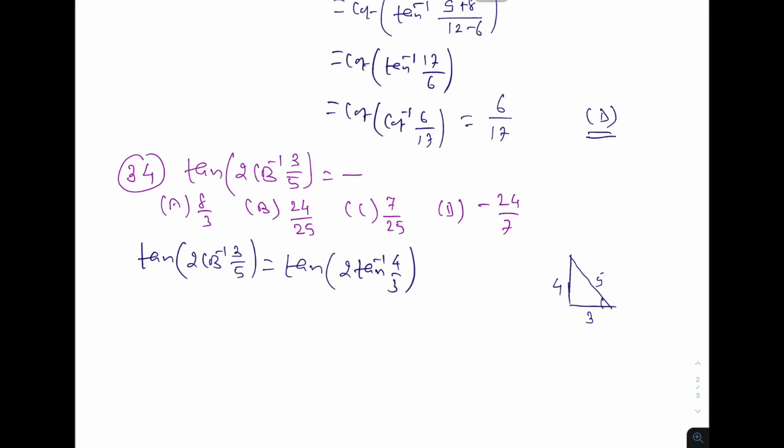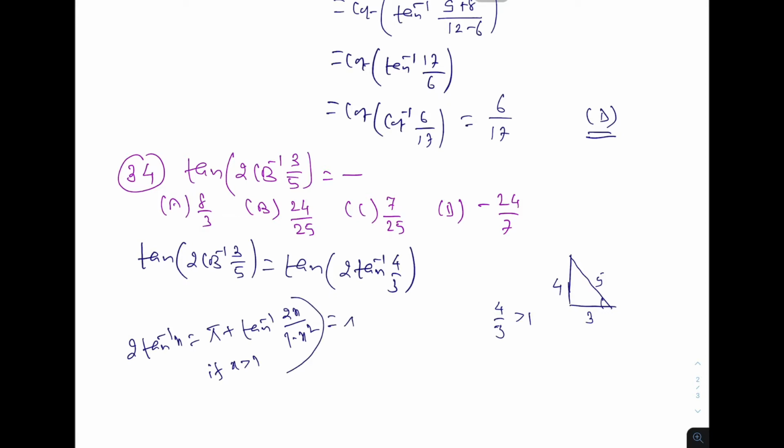Now there is a formula that 2 tan inverse x equals pi plus tan inverse 2x over 1 minus x square if x is greater than 1. So here x is 4 by 3 and this is greater than 1. If x is less than 1, then you don't need pi here.